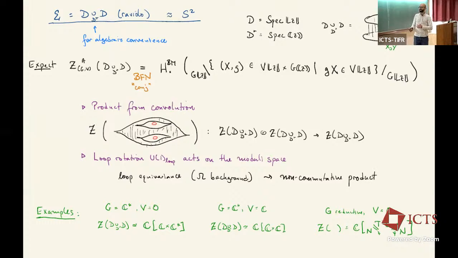You start to throw in a one-dimensional representation of C star with weight 1, then you get functions on C times C, or T star C as a hyperkähler space.